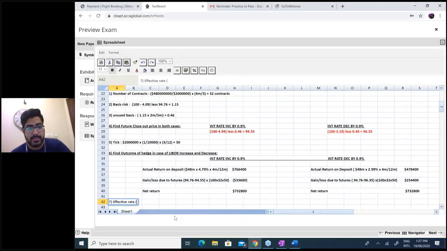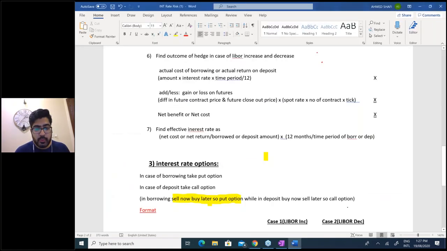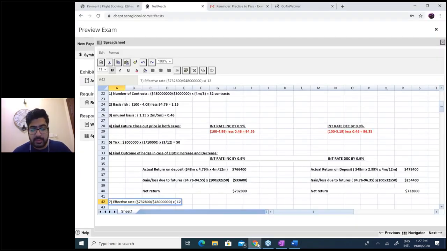Both options give the same net cost or return: $732,800 over the borrowed or deposit amount, that's 48 million, into 12 months over the time period of borrowing, which is 4 months. It's 4.58%.